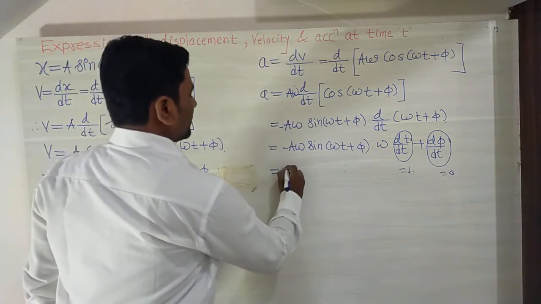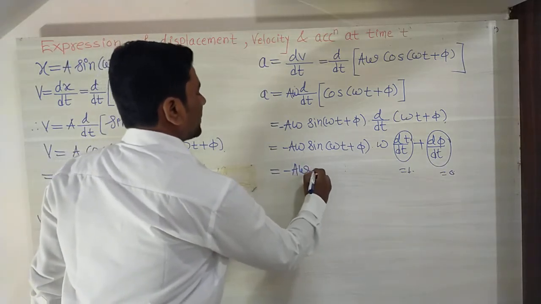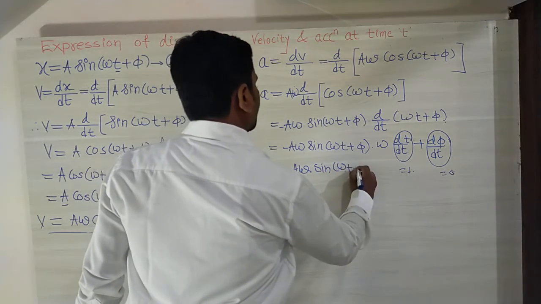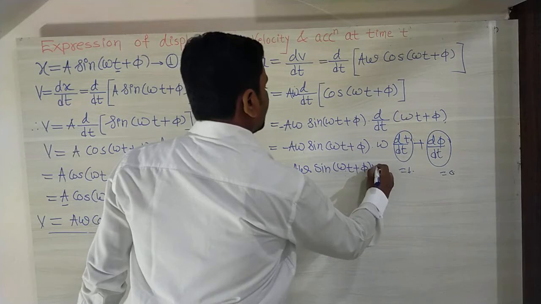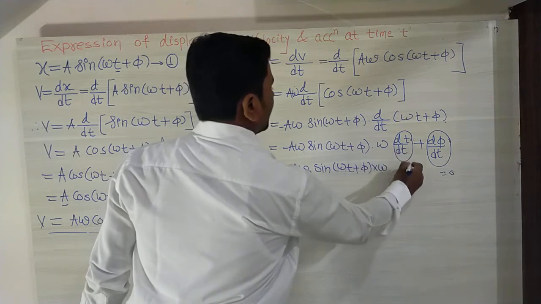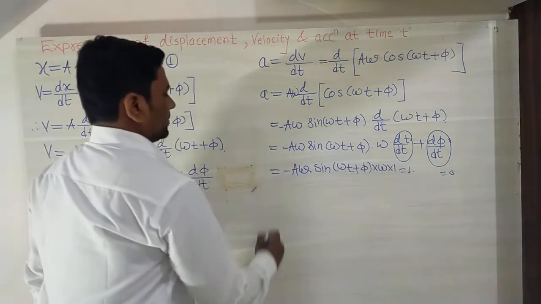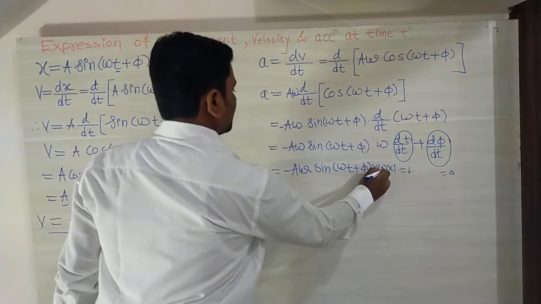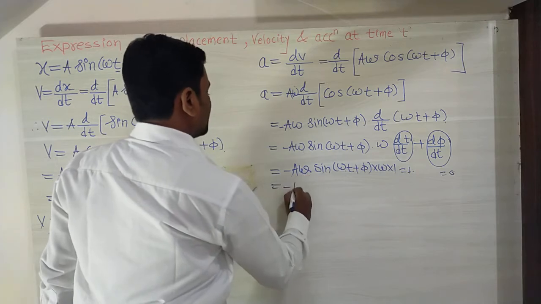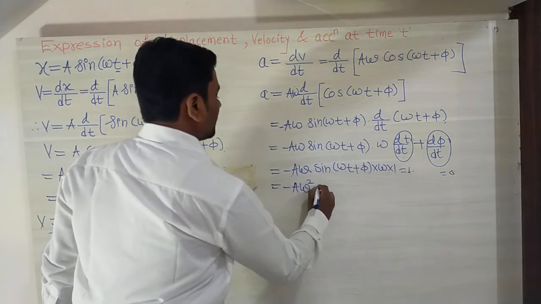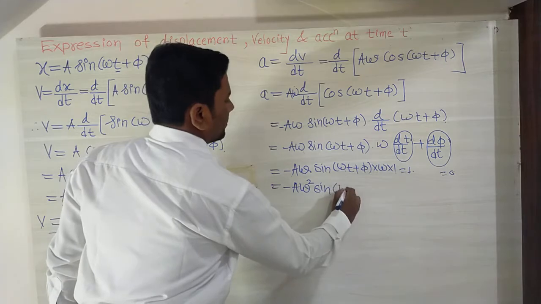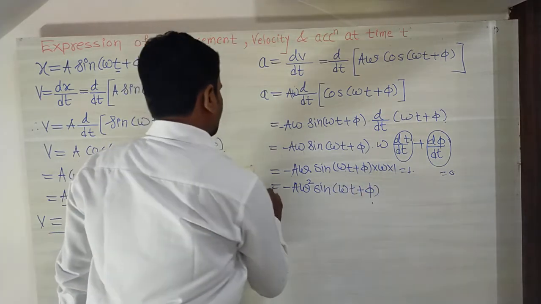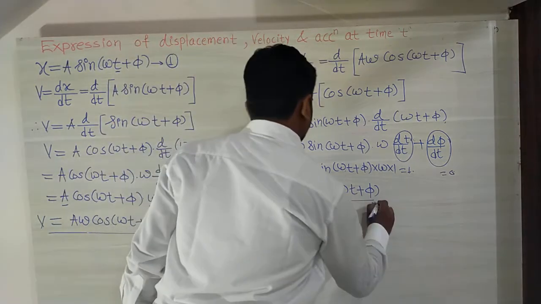So we get minus a omega sin of omega t plus phi into omega, and that value is equal to 1. So minus a omega into omega, that is minus a omega square sin of omega t plus phi. So that is the acceleration. We are getting the acceleration.